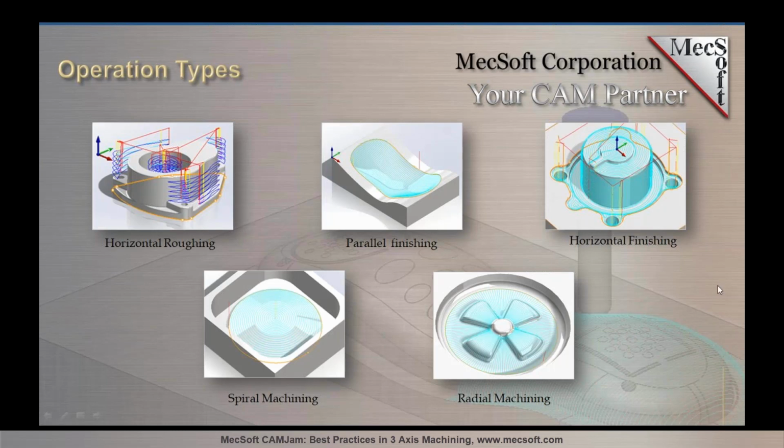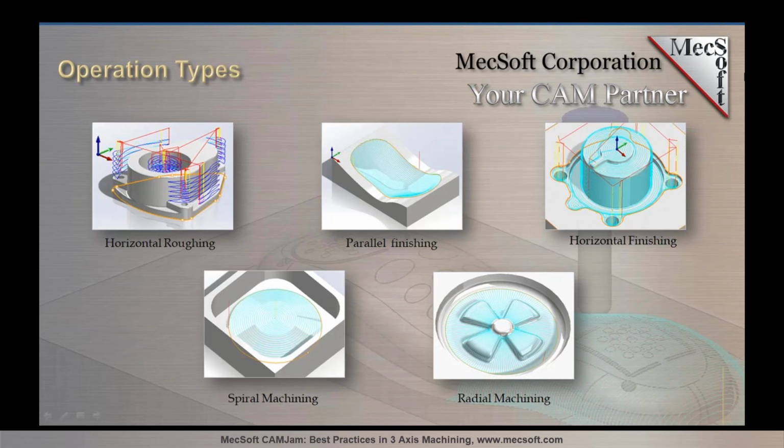Now, this can be used for both vertical and horizontal areas, and it works well in areas where spiral machining may not be the best option. And spiral and radial machining are often used together to maximize coverage and achieve a better surface finish. So these are the main operation types in our standard configuration: horizontal roughing, parallel finishing, horizontal finishing, spiral machining, and radial machining. And Uday will walk us through these operations now.